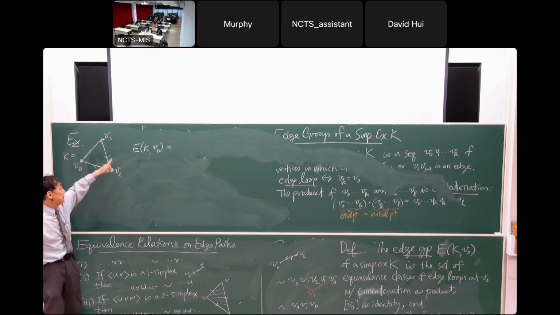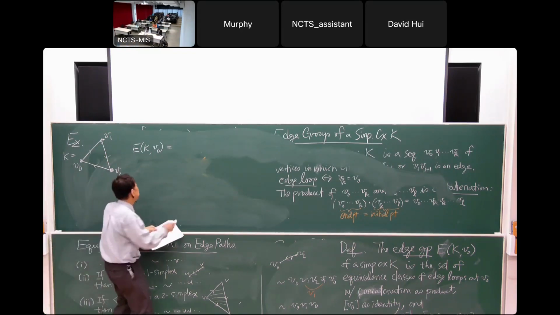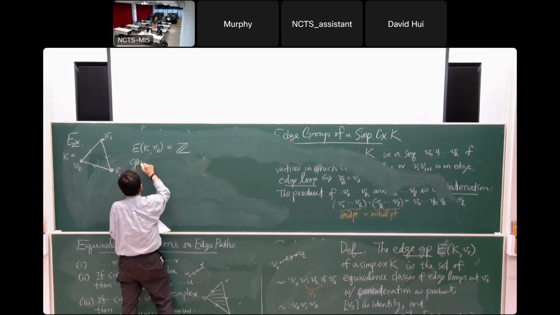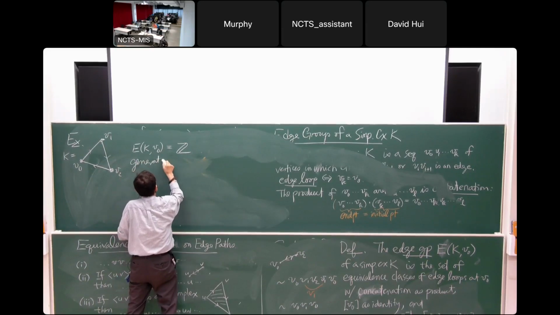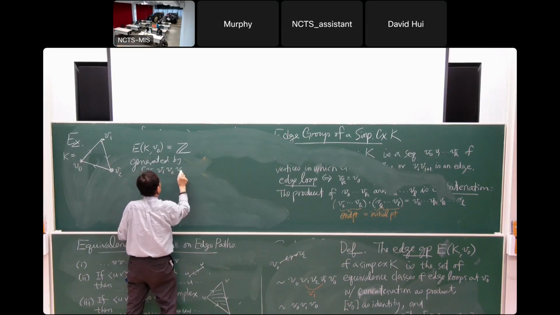And then you can go in the opposite direction. You get -1, -2, -3, and so on. So the edge group is Z. Okay? So we're generated by V0, V1, V2, V0.